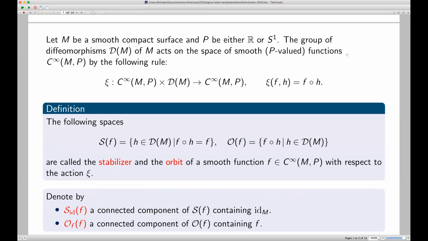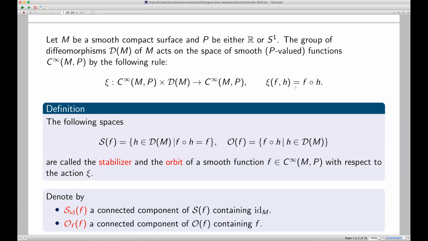The group of diffeomorphisms, denoted by D(M), acts on the space of smooth functions with values in P by the following rule. The function f and a diffeomorphism h is mapped to the following composition.